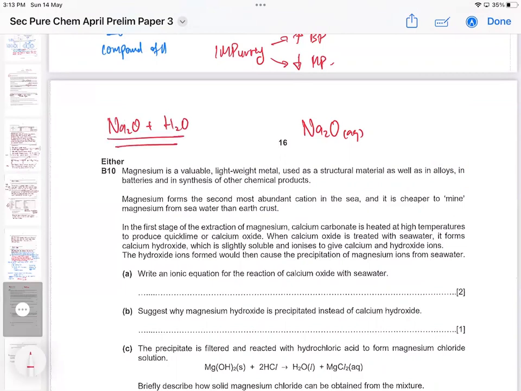Is there any meaningful thing that's formed here? It forms one product. Look at all the ions, or the elements there. What do you think you form? Sodium hydroxide.